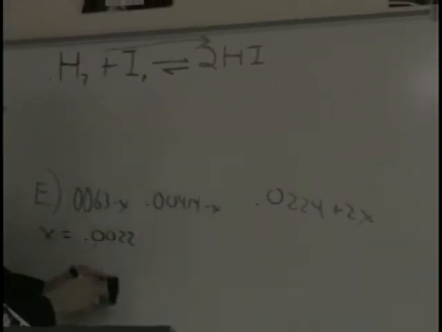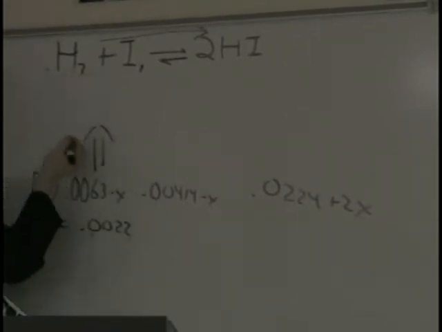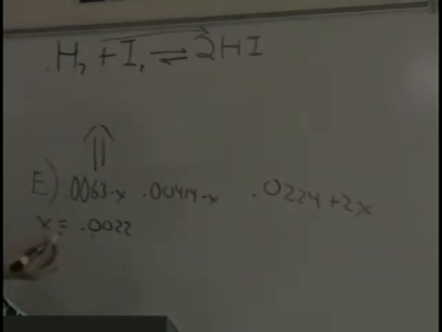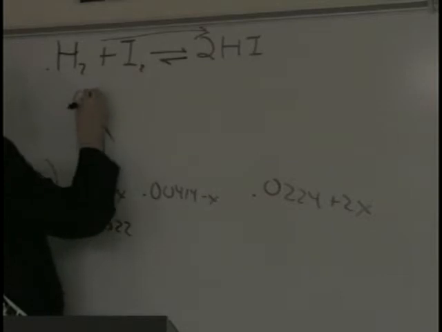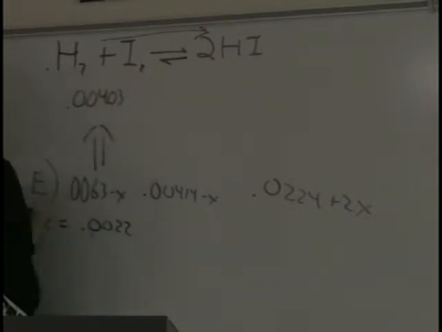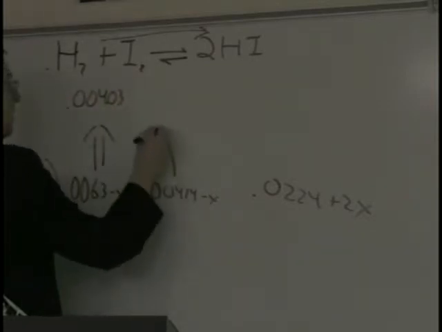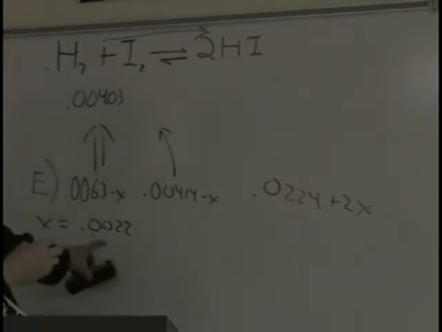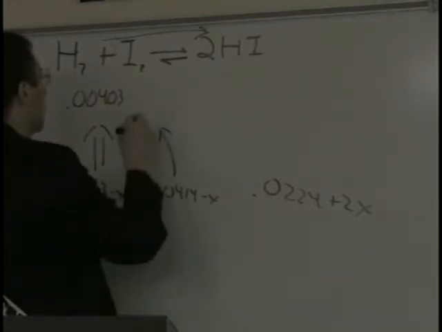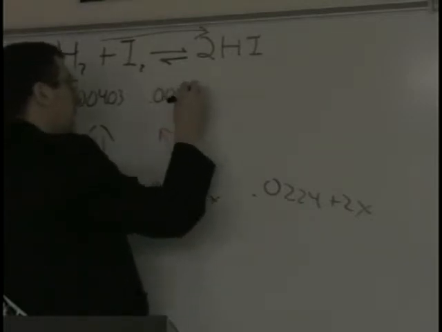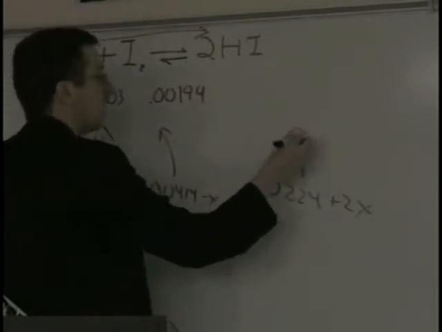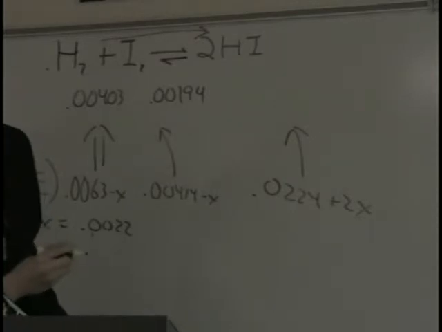So if I take this and solve for at equilibrium, I'm going to have 0.00403 for my H2 concentration. My I2 concentration, plugging 0.0022 into that equation, is going to end up giving me 0.00194. And finally, my HI concentration is going to give me 0.018.